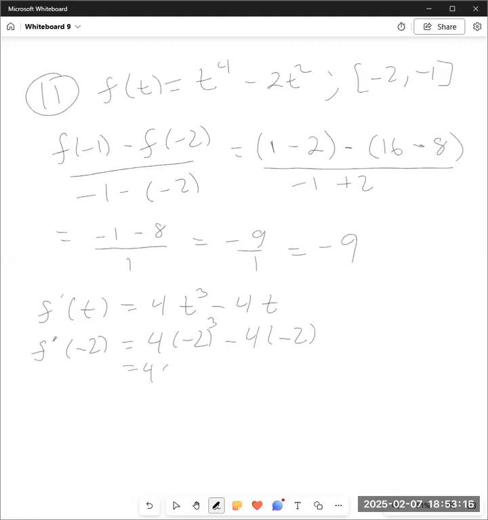That will be 4 times -8 plus 8. We'll pull the 8 out here, 4 times -1 plus 1 is going to give me 8 times -4 plus 1 is 8 times -3 is -24.